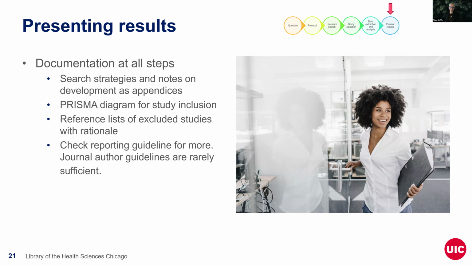Like the PRISMA reporting guidelines can help you at this point in presenting your results. Those in conjunction with the journal author guidelines will probably be your best bet in presenting your results in such a way that will be clear and understandable to the scientific community of what you are trying to convey in your scoping review.